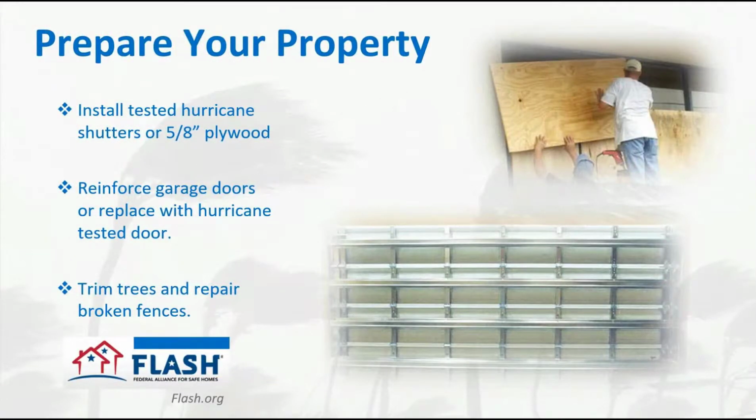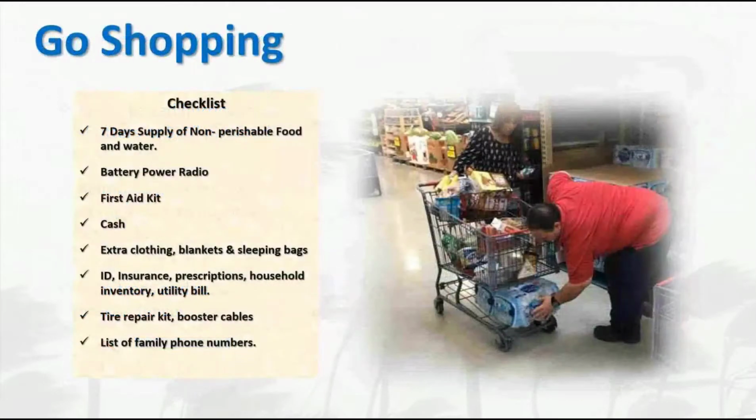So there are many ways to prepare for hurricane season. And one of the most important ways to prepare would be to go shopping before hurricane season to get your supplies and go down your checklist. So you want to make sure that you have 7 days of water per person per day, as well as non-perishable canned foods. So those are canned foods that won't go bad, such as tuna and other foods like that.